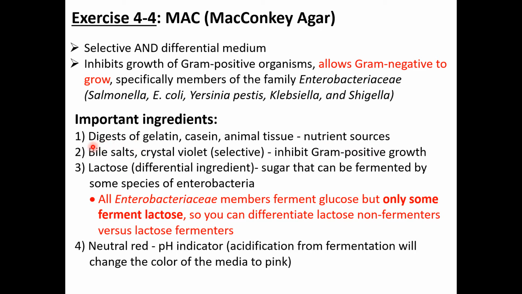And if you think about it, it makes sense, because bile salts are released in the very first part of the duodenum in our small intestine, just to make sure that the fat that we ingest in our food is dissolved and broken down, and all the gram negatives from the Enterobacteriaceae family are there, so they don't care about the presence of bile salts. So that's why this would be inhibitory only for gram positives.